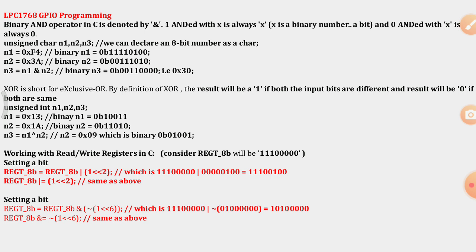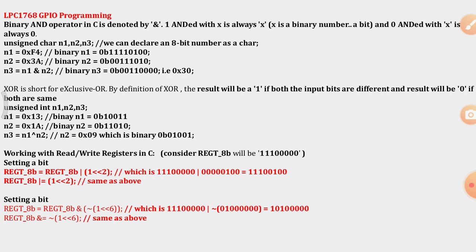Then clearing a bit by using an AND operation here. Now reg_8b is equal to reg_8b AND NOT of 1 shifted to the left by 6, that is the 6th bit is going to be cleared here, like in the comment we can see.